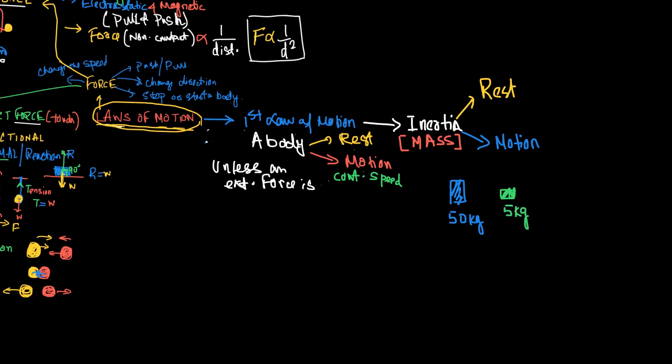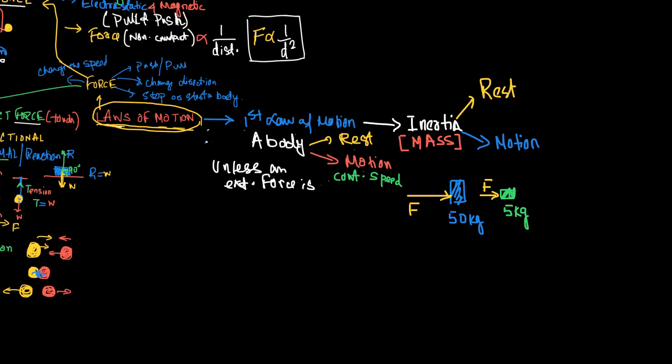If I ask which has more inertia, you might not be sure. But if I ask which requires more force, you will very easily say that the heavier body will require more force and the lighter body will require lesser force.